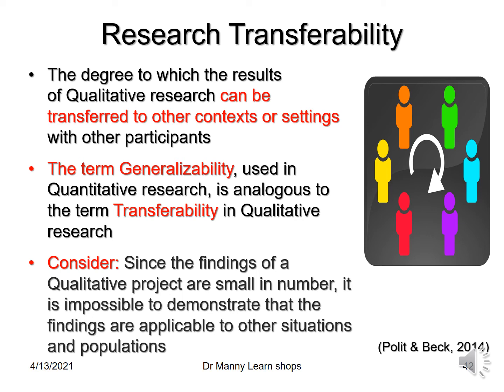So you consider now, since the findings of a qualitative project are small in number, a lot of academics believe it's impossible to demonstrate that the findings are applicable to other situations or populations. Personally, I disagree.